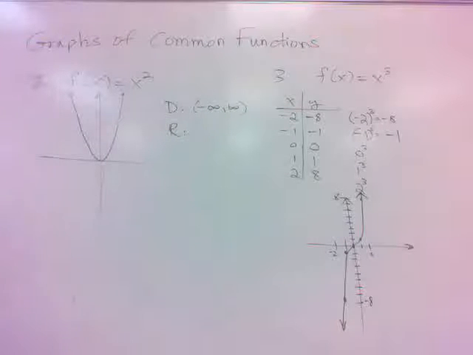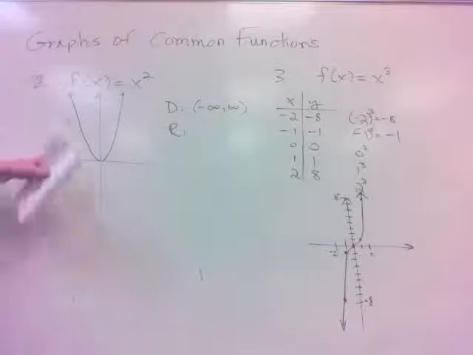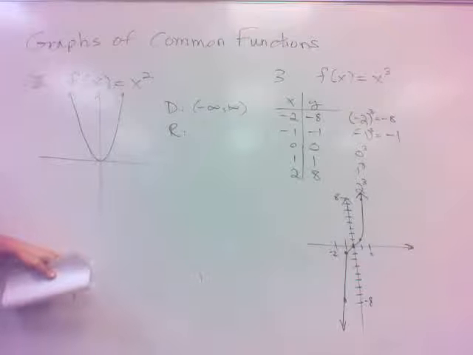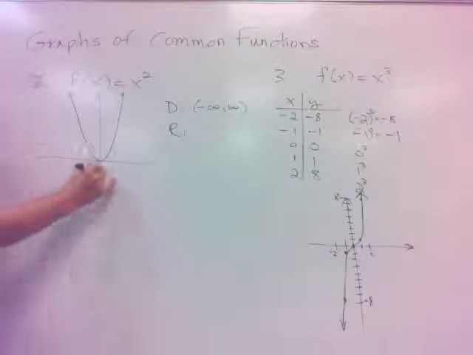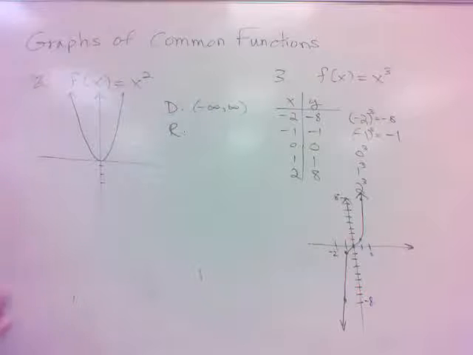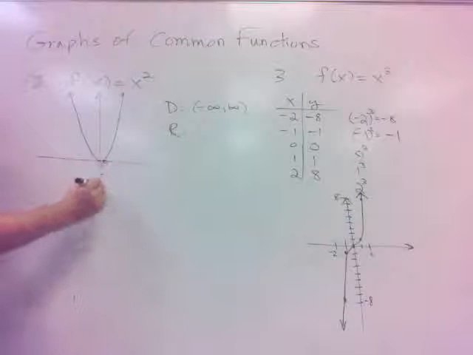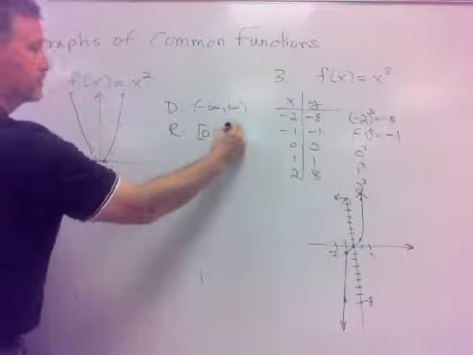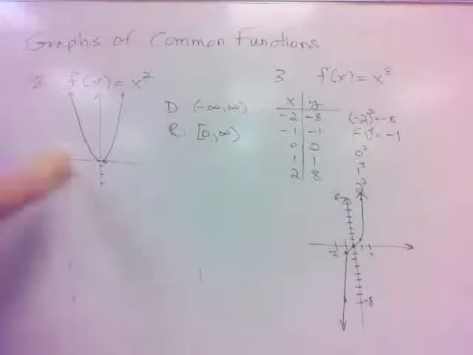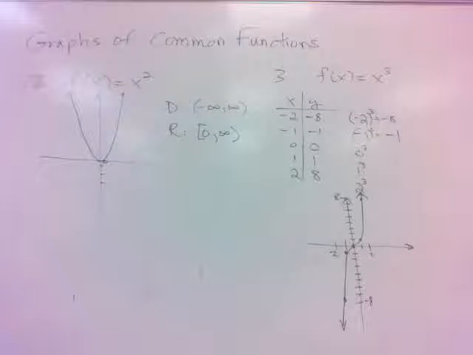The range, the y values, though: none drop below the x-axis. So there are no y values from -1 or down. The y values start at 0 and then go up, 0 to infinity. So in this x squared graph, that's my domain and range.